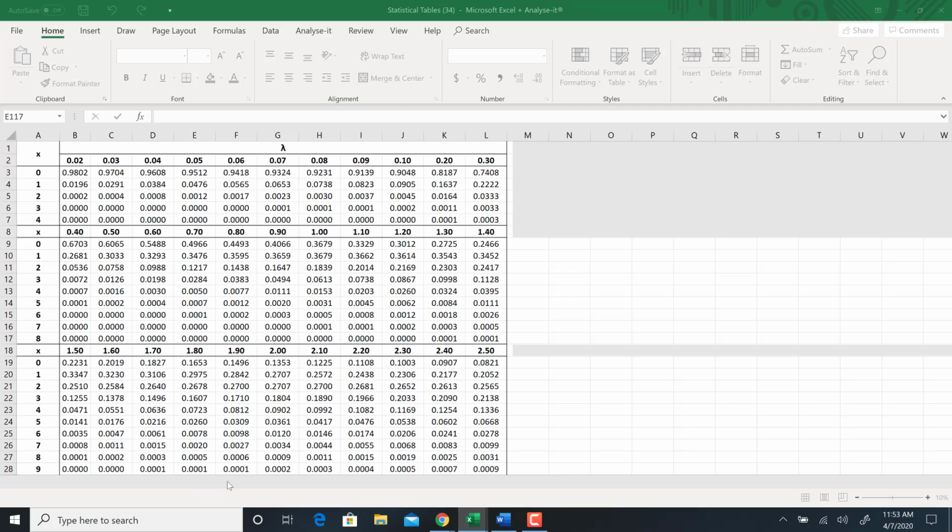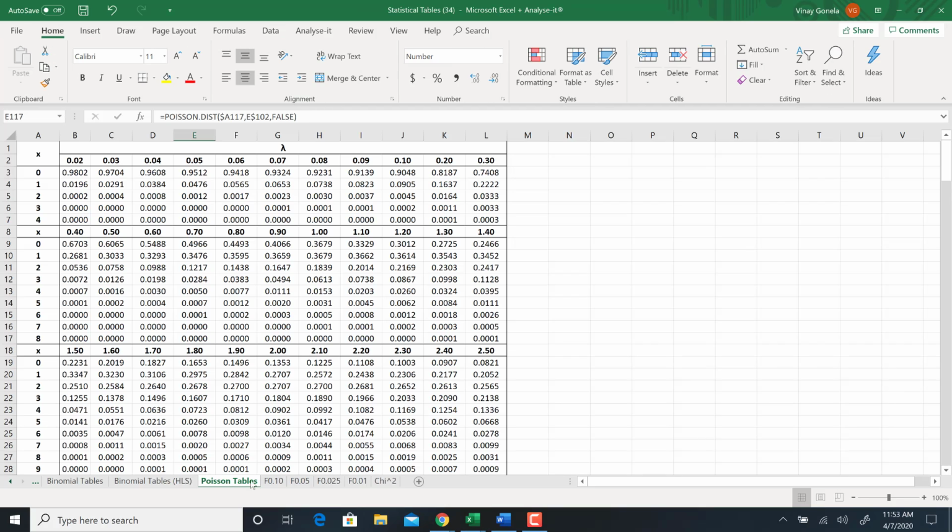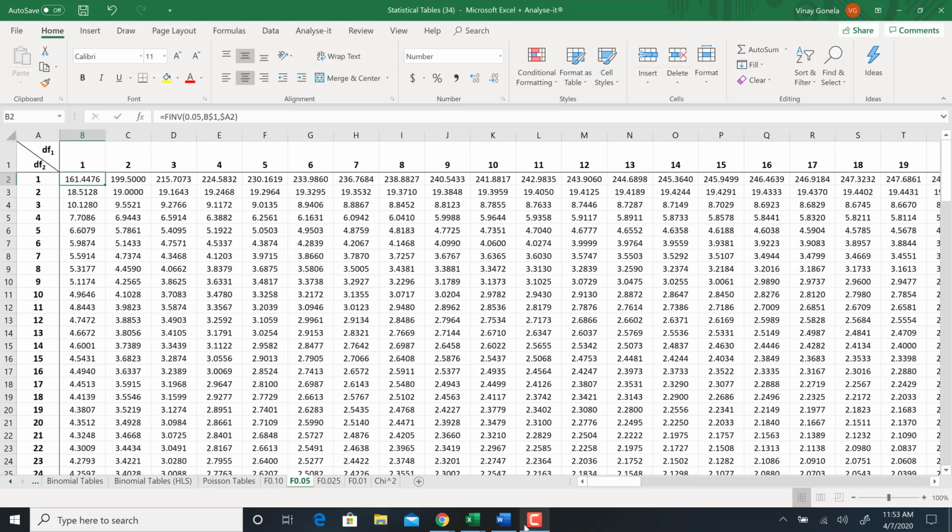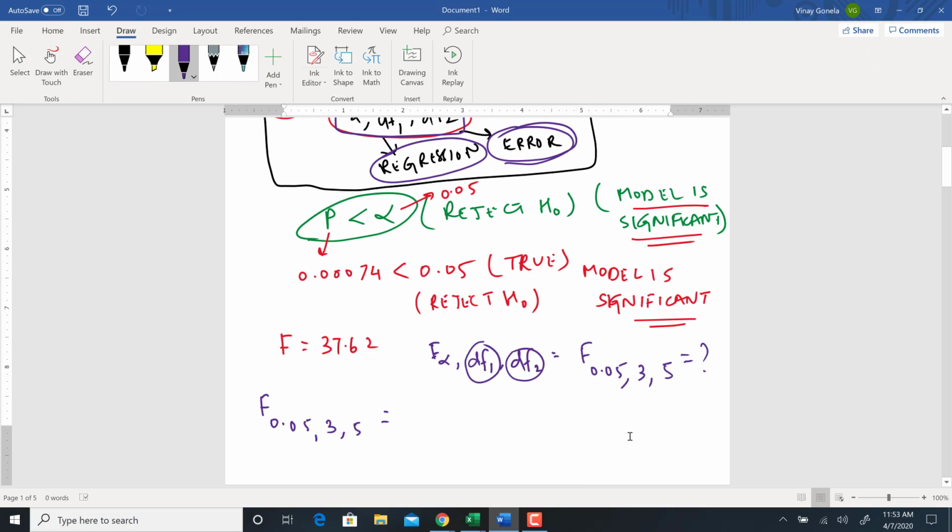Currently I am in the Poisson table. I wanted to go to F. We have 4 F tables: F.10, F.05, F.025, and F.01. So I am going to go to F.05, where the degree of freedom 1 is 3 and the degree of freedom 2 is 5.